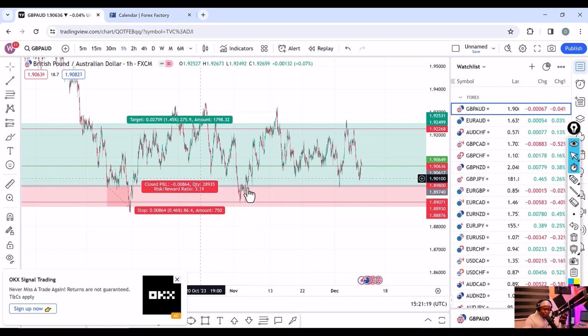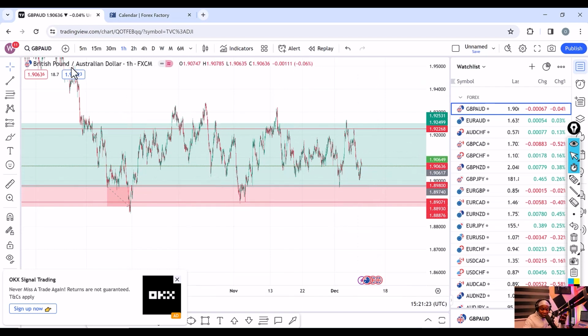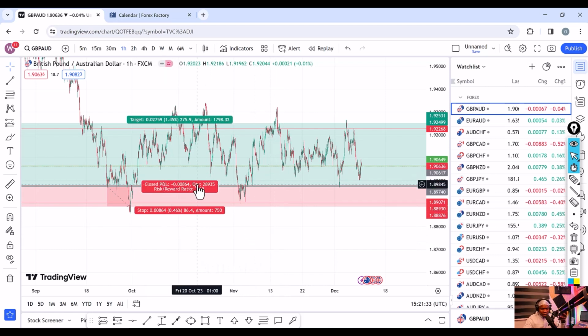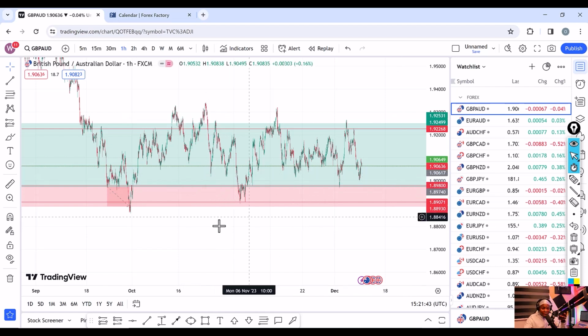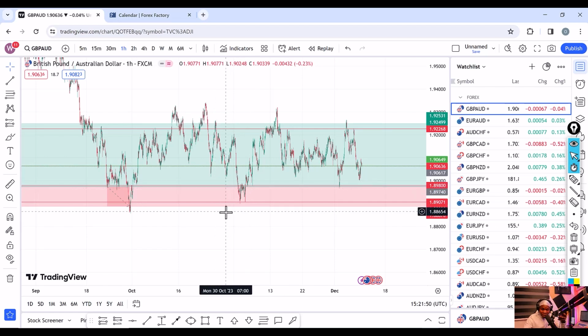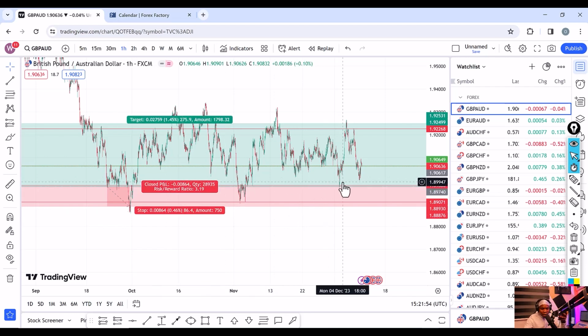There is an 80% chance that price is going to go up this week on the GBP AUD. We would find out. Okay, so now you can see right here that this trade offers a 1 to 3.19 risk to reward ratio, meaning if your bet size is $100 and you are correct, you are going to earn $319, which is fantastic.